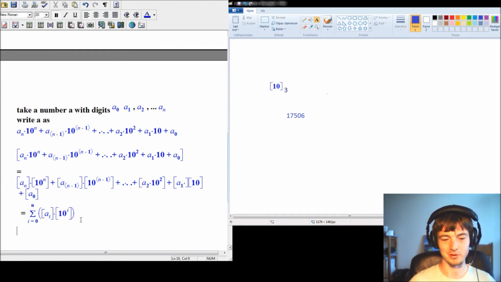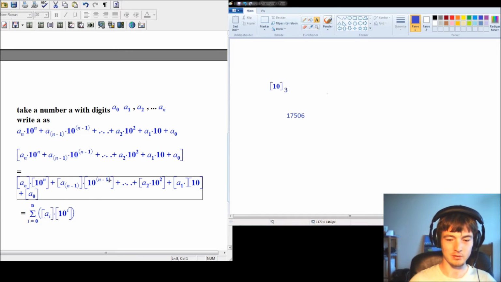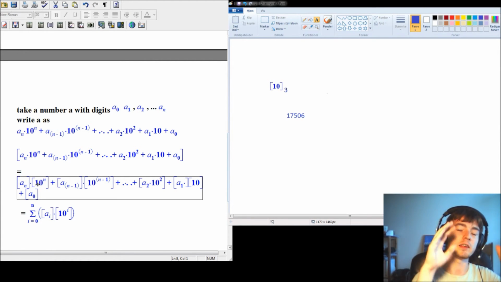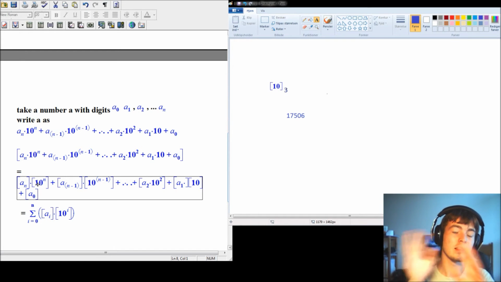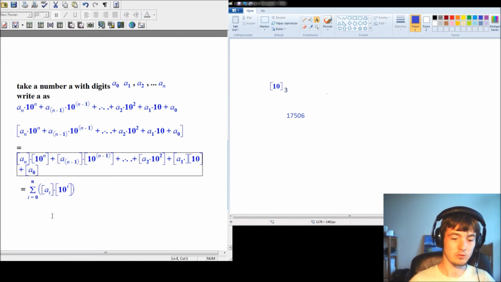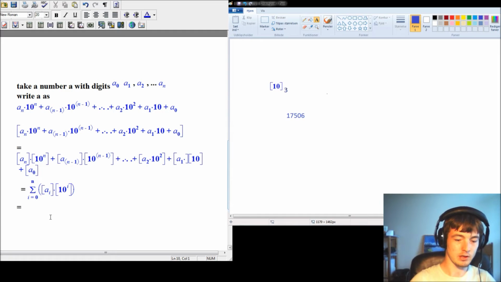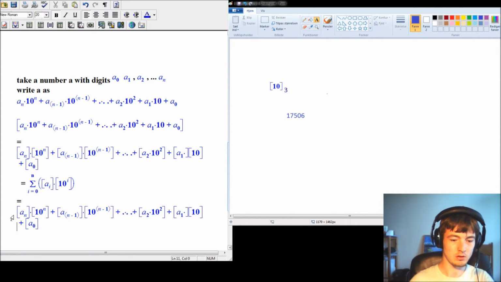I'd like to work on this, and what I know is that I could write this as 10 times 10 times 10 times 10 times 10, and then I could put the brackets inside, and they'd all give me 1. So I can write it in a much easier way.